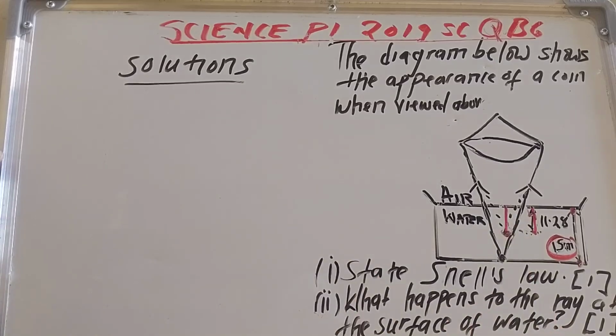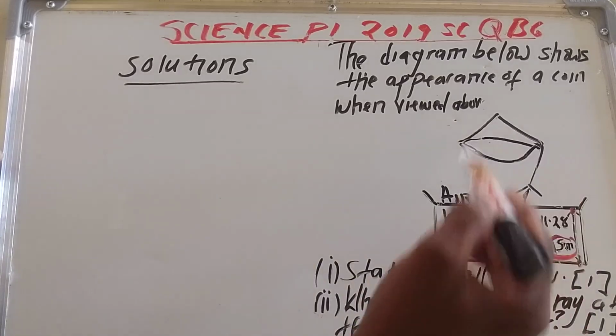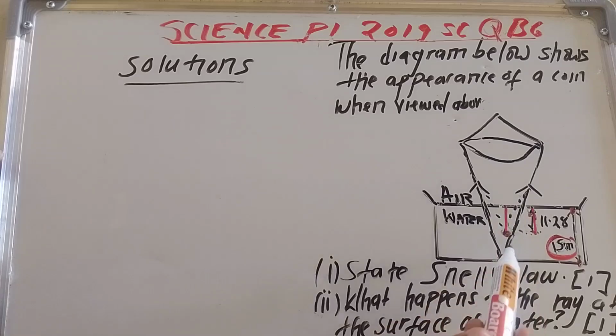So you need to understand these two heights. Whenever you are given a diagram like this, make sure you note the appearance of the coin at two different heights.